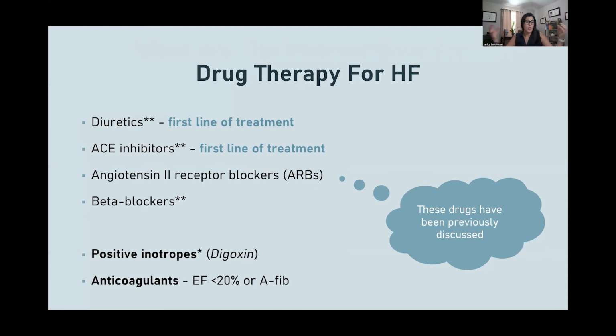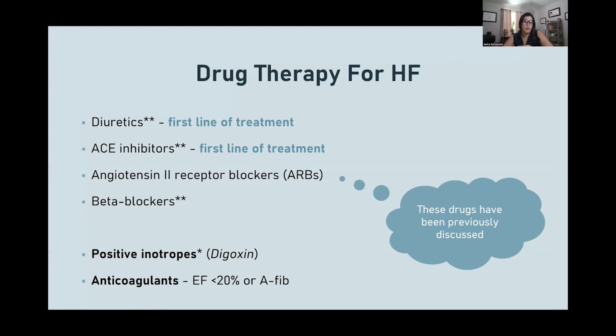ACE inhibitors, not retaining fluid. It deals with the sodium and water retention in the body. Same with angiotensin 2 receptor blockers. And the beta blockers, what they do is they slow the heart rate down. Again, if the pump is not functioning, but we can slow it down, maybe it allows the heart enough time to refill and pump effectively.